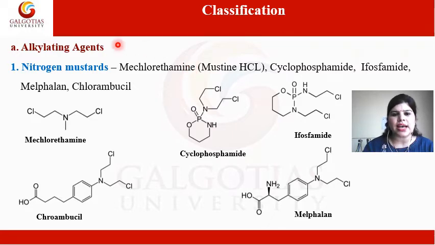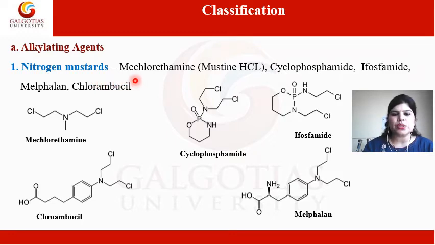The first class is alkylating agents. As the name indicates, they make a covalent bond with the DNA. Alkylating agents are further categorized into four categories. The first category is nitrogen mustard compounds.